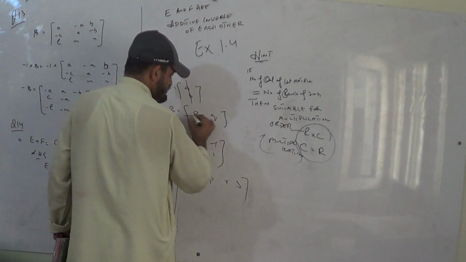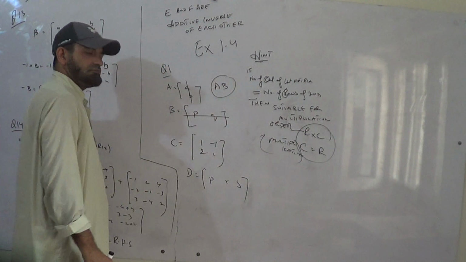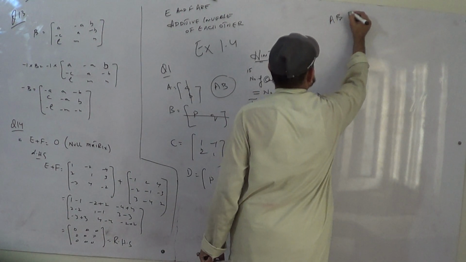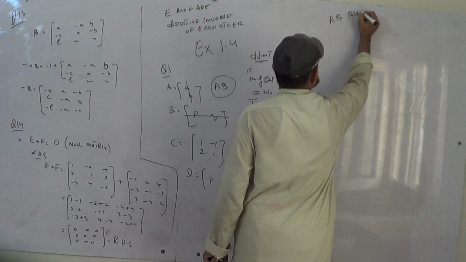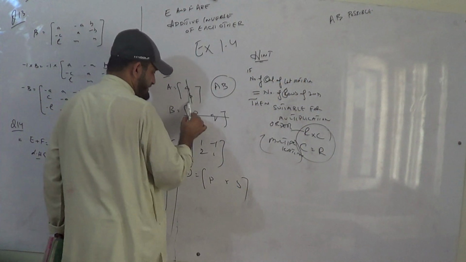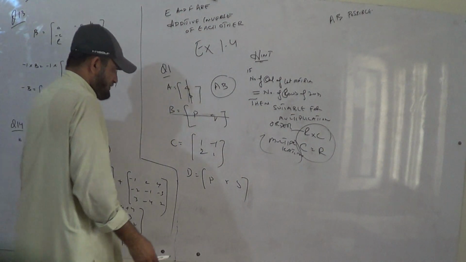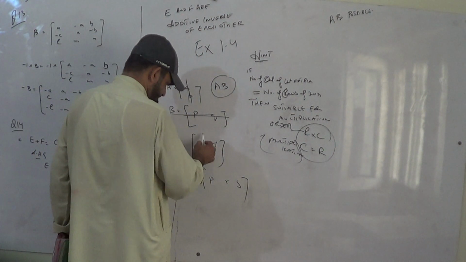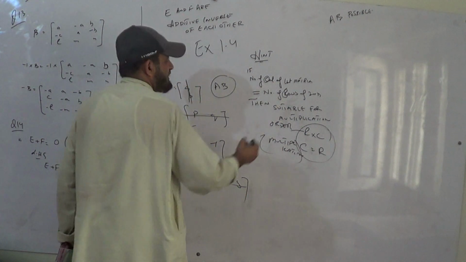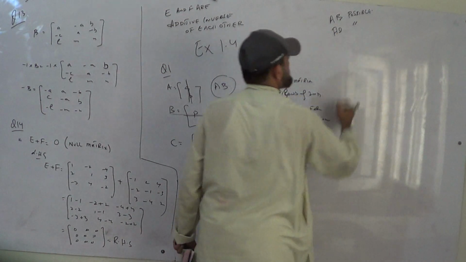AB is possible, because the number of columns in A is 1 and the number of rows in B is 1. AD is also possible.